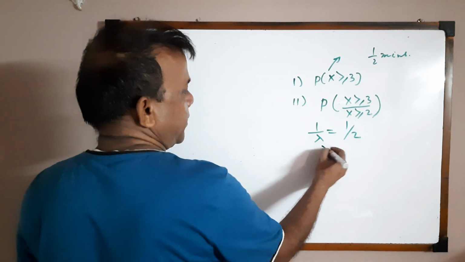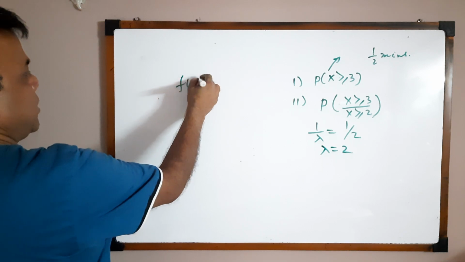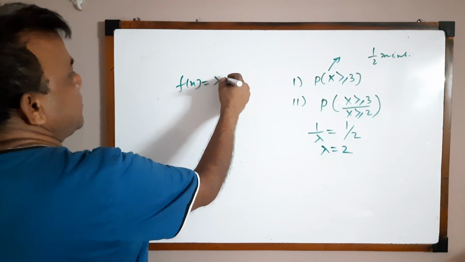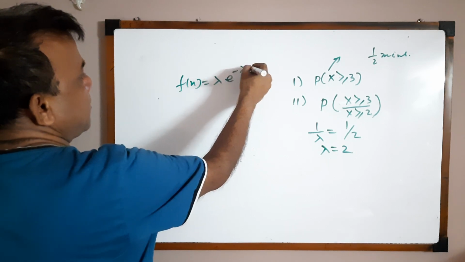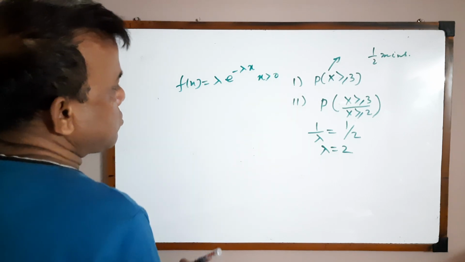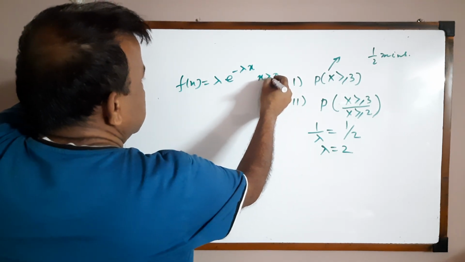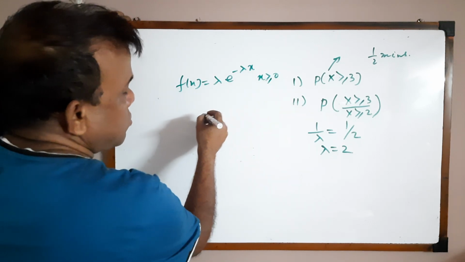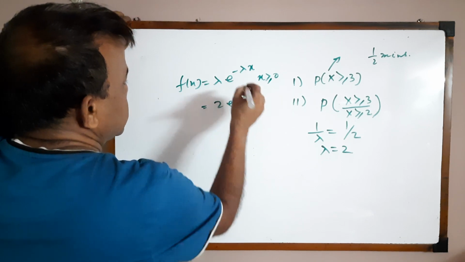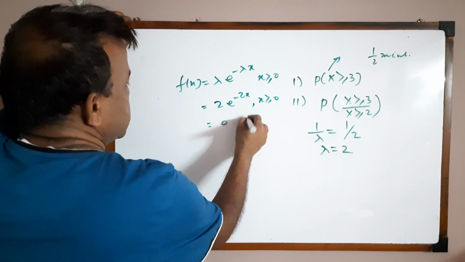Therefore lambda equals 2, and the PDF of the exponential distribution is f(x) equal to lambda into e to the power minus lambda x, where x greater than 0. That means 2 into e to the power minus 2x for x greater than or equal to 0, and 0 otherwise.